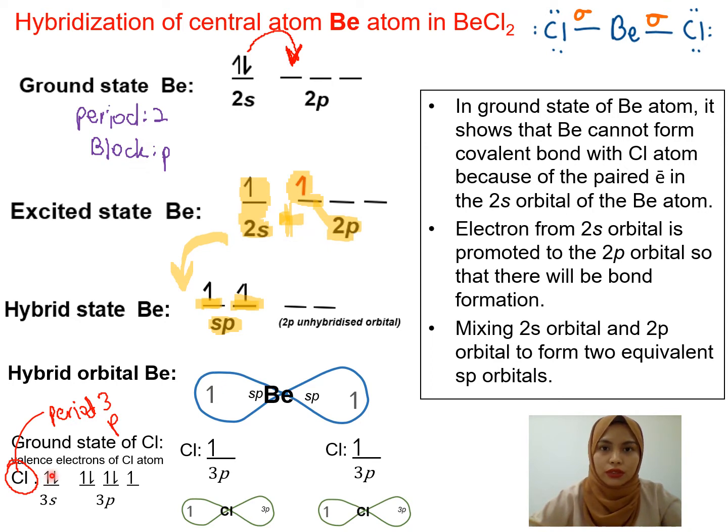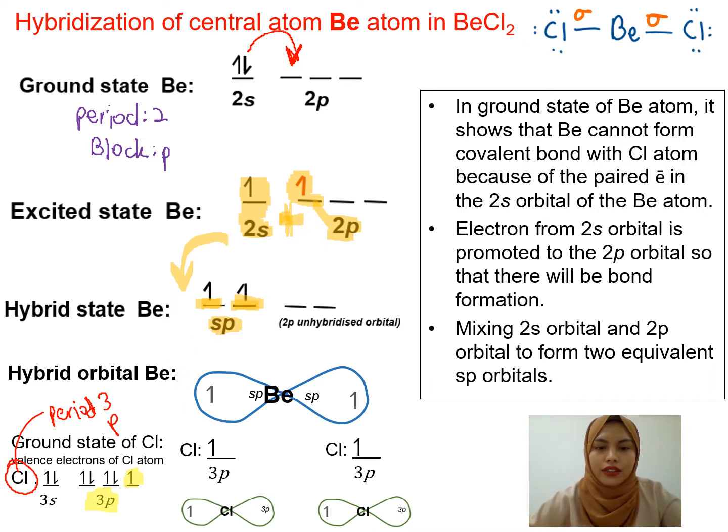Aufbau, Hund's rule, and Pauli exclusion principle. So you fill 1, 2, 3, 4, 5, 6, 7. So now Cl has a single electron in the 3p orbital. So this single electron is the one that will look for a pair with the single electron in the sp hybrid orbital of beryllium.